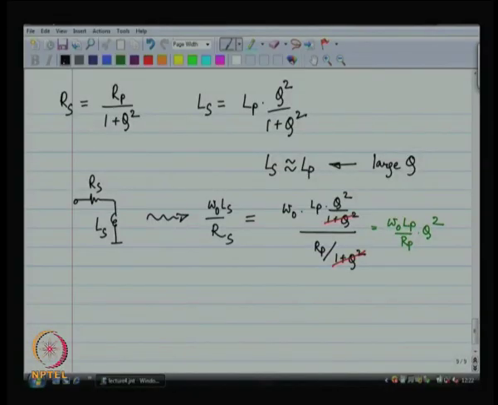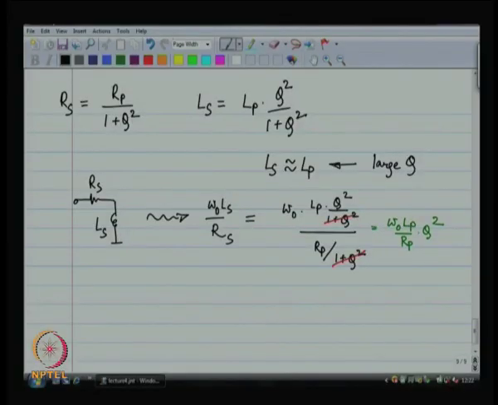So, the new Q of the network is also now going to be something else, okay, if we are talking about a series RLC network now. Right. So, the Q has changed.